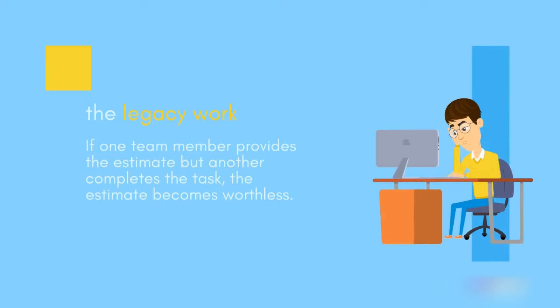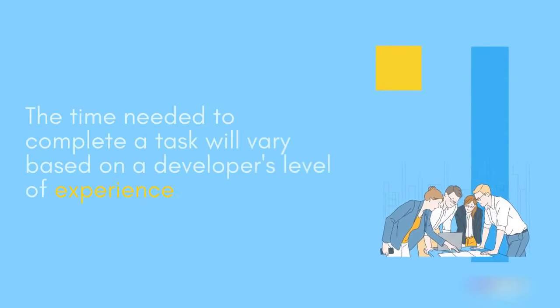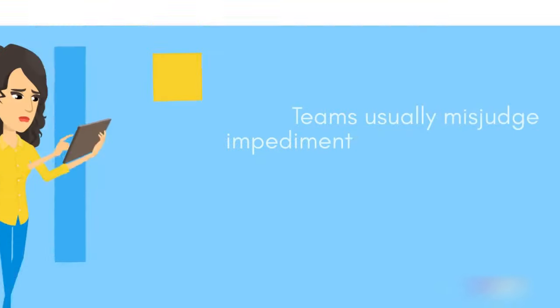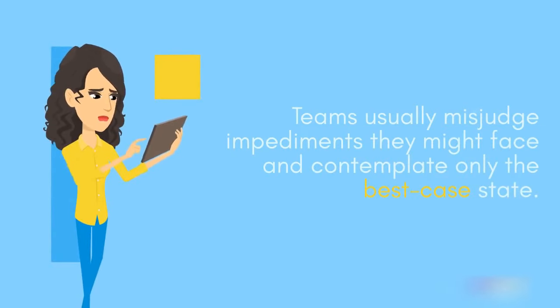If one team member provides the estimate but another completes the task, the estimate becomes worthless. The time needed to complete a task will vary based on a developer's level of experience. Teams usually misjudge impediments they might face and contemplate only the best-case state.